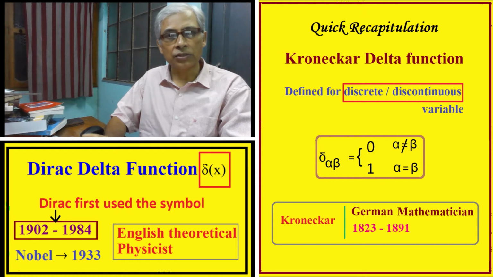Another point to be noted is that x is written within a bracket sitting on the right of the Dirac delta symbol, unlike Kronecker delta, which allows alpha and beta only to fall at its feet, as subscript or suffix. This is how we represent the delta functions in physics. Let us discuss now the Dirac delta function.